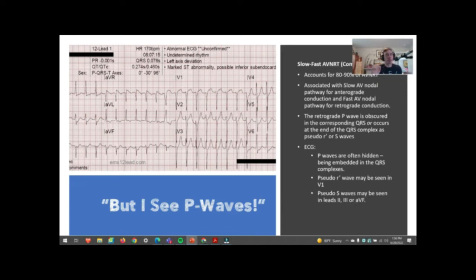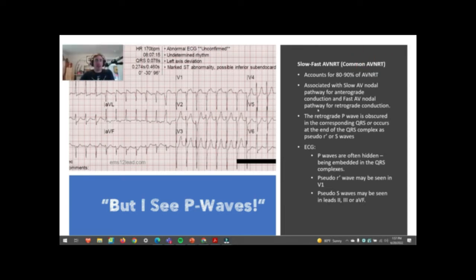There are rare occasions where you can see P waves immediately after the QRS or before the T wave. Now, with normal SVT, they're generally hidden in the QRS complex. That's why you don't see them. They're actually there, but you don't see those.